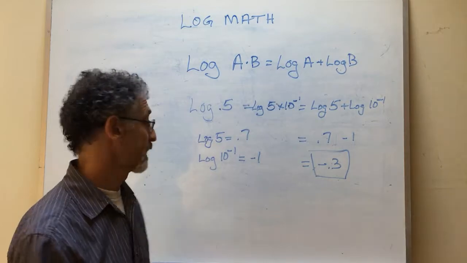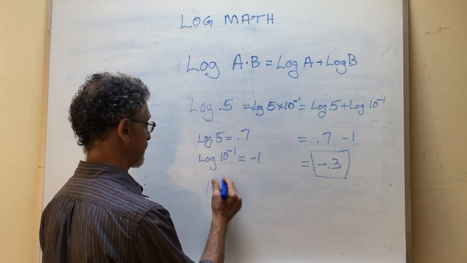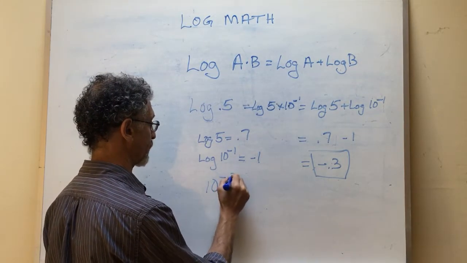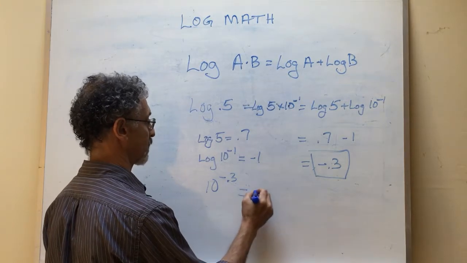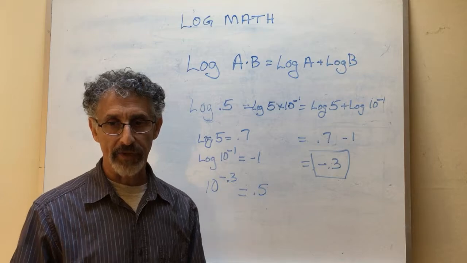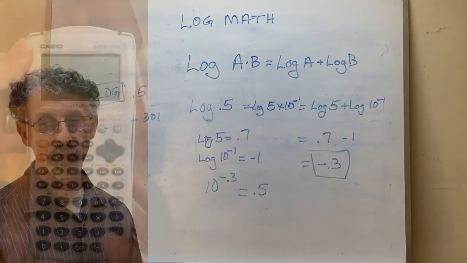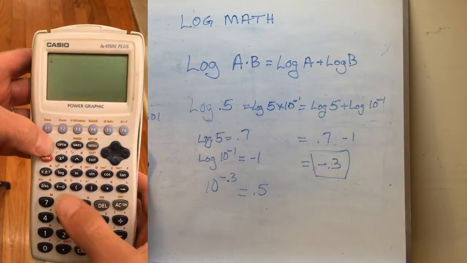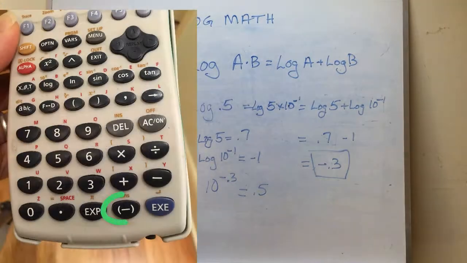So what does that mean? That means 10 to the minus 0.3 equals 0.5. If you check that with your calculator, you can do 10 to the x, and make sure you use the minus sign that's in the parentheses when you're doing the exponents, as opposed to the subtraction key.